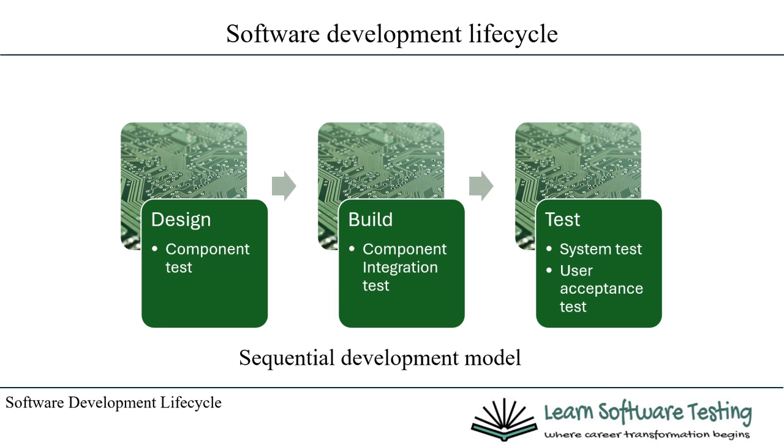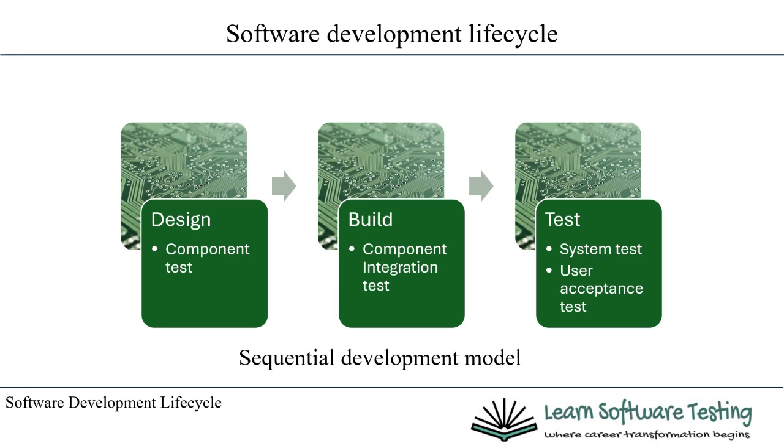Then once the build activity is completed, the final sequential activity in this model is the test activities. This is where software testers come in and carry out the system test, where they check that the software works as it should as a complete system. They do the full end-to-end test, ensure that it meets the requirements, validate the different features or functions that were updated for that system, and ensure that they find as many bugs and defects as they can as they carry out their test.